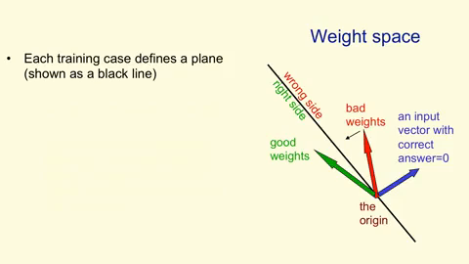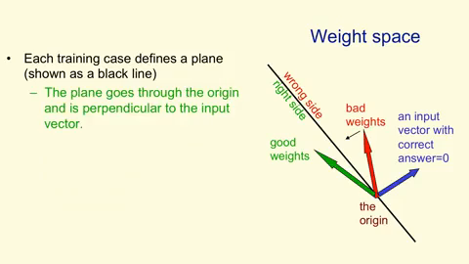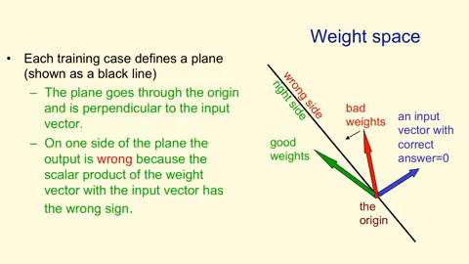Conversely, any weight vectors on the other side of the plane will have an angle of greater than 90 degrees, and they will correctly give the answer of 0. So as before, the plane goes through the origin, it's perpendicular to the input vector, and on one side of the plane all the weight vectors are bad, and on the other side they're all good.